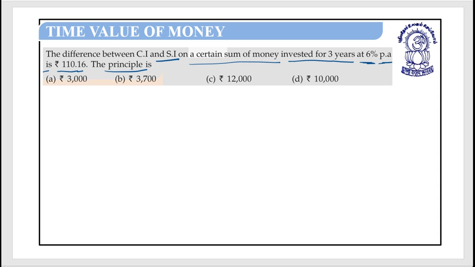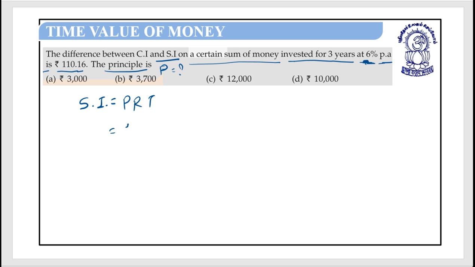The principal is, here we have to find out the P. So the simple interest formula is PRT.